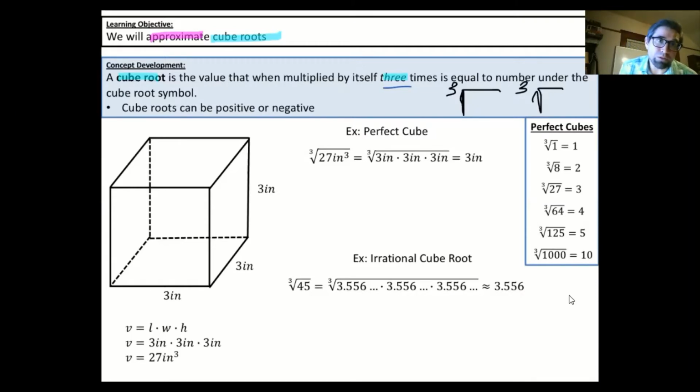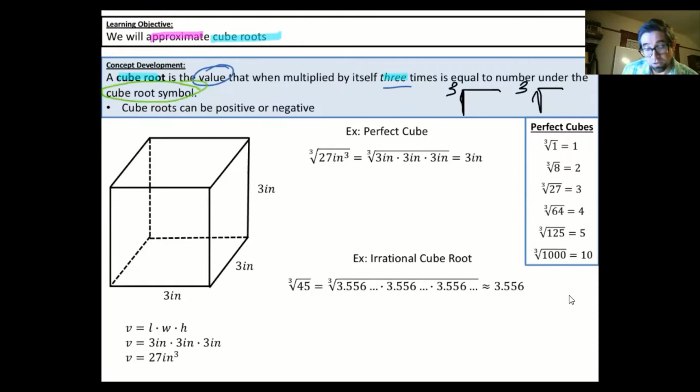So if a cube root is the value that when multiplied by itself 3 times gives us the value under the cube root symbol, let's break that down here. I'm going to color code this a little bit because it can be confusing. A cube root is the value, that one's going to be in blue, that when multiplied by itself 3 times is equal to the number under the cube root symbol.